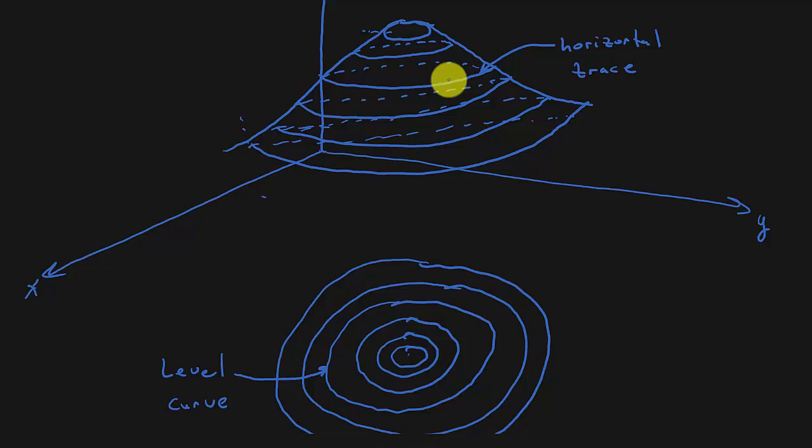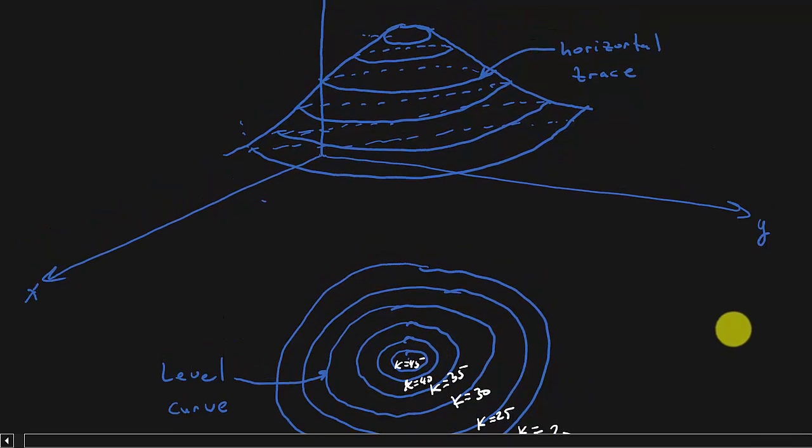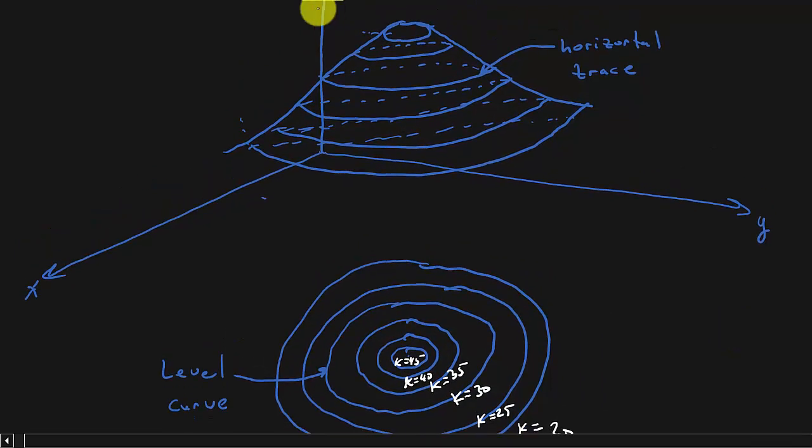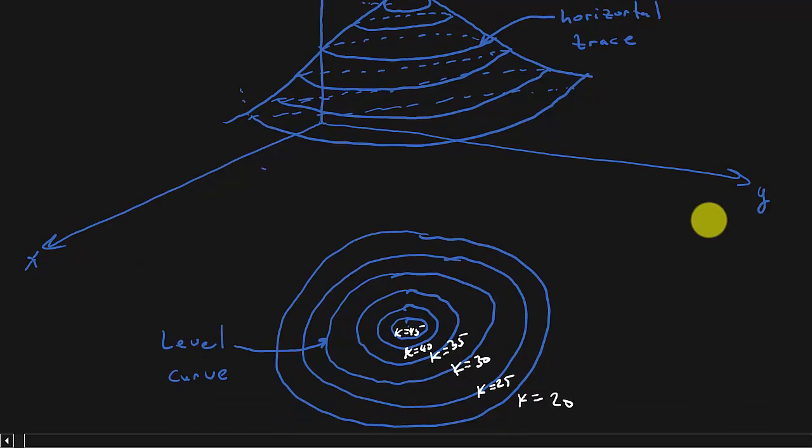This circle out here is k equals 20, then this is k equals 25, k equals 30, k equals 35, k equals 40, and then here k equals 45. This is your 45 here. It gives you the height.